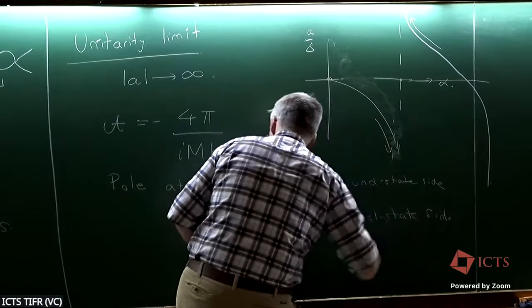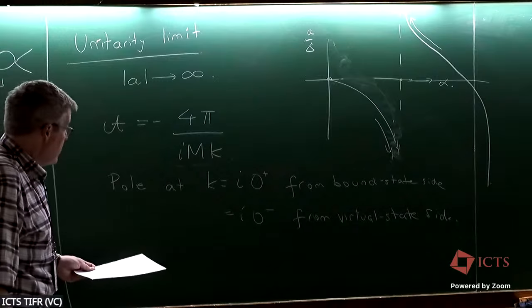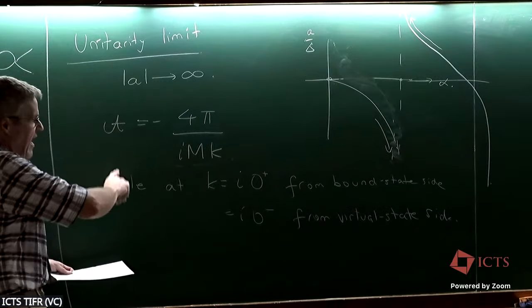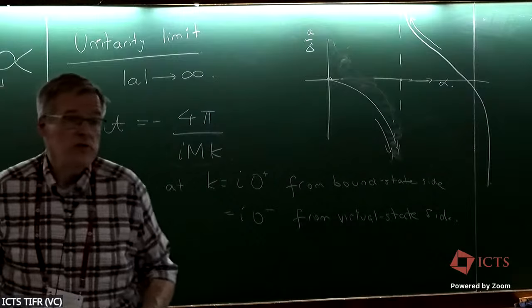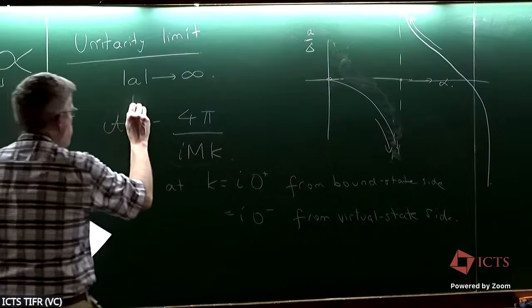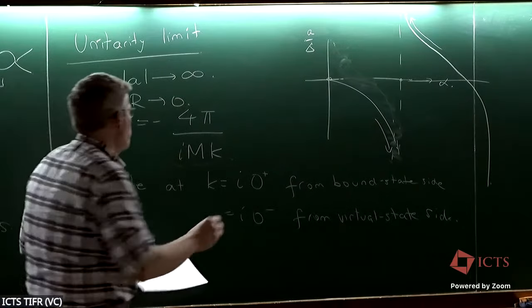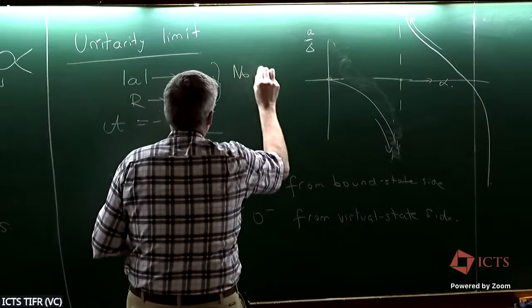But right at the unitarity limit, there's a zero energy bound state. This amplitude has no physical scales associated with the system left. So if you think about what we've done here, we constructed an effective field theory with a zero range interaction, a delta function. Then we tuned the scattering length to infinity. And so in this limit, there are no physical scales left.